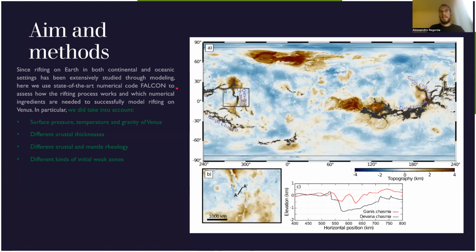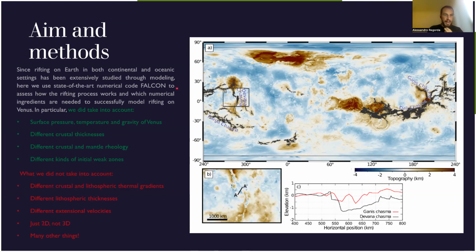So these help the localization of the strain rate, the accumulation of the strain, and the development of structures typical of rifting. So since we don't know how rifting can work on Venus, we decided to test different initial weak zones just to be sure that what we choose will not influence the evolution of this rifting.